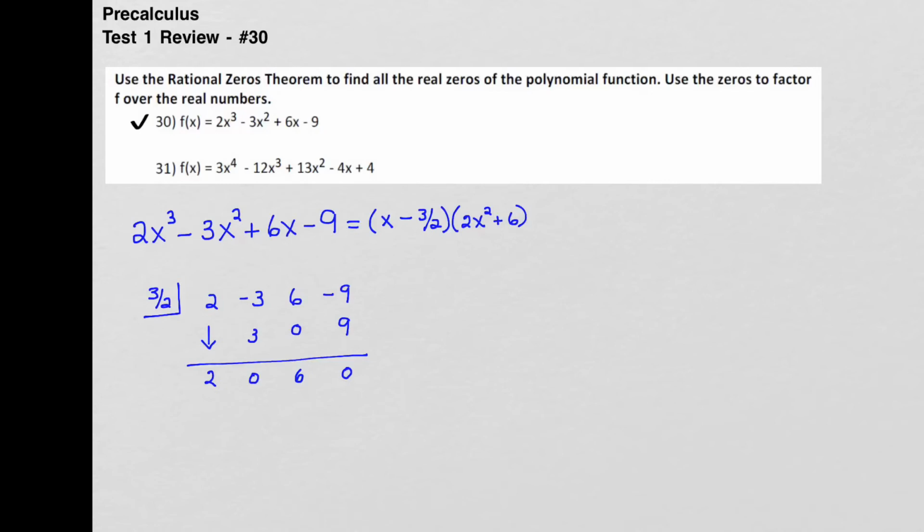Kind of weird to explain, but here's what happens. So we've got x minus 3/2, and then we have 2x squared plus 6. Notice that there's a common factor of 2 there. So I'm going to factor out that 2. That leaves me with x squared plus 3. And now this 2 I can multiply into this factor, and I'll eliminate that fraction. So I have 2x minus 3 times x squared plus 3.